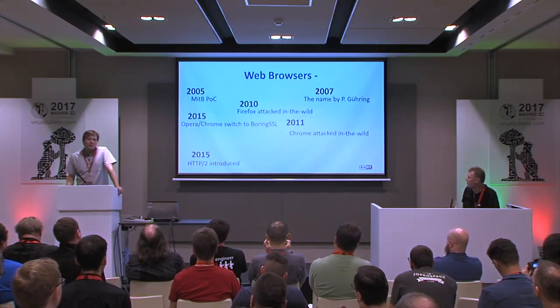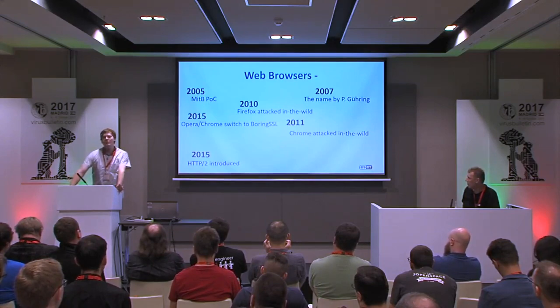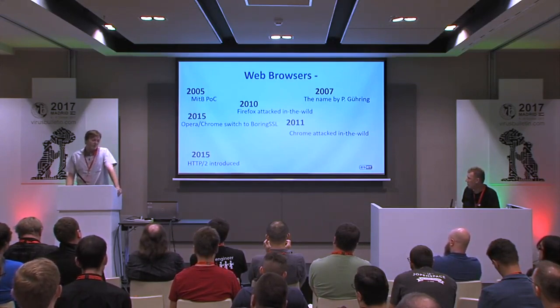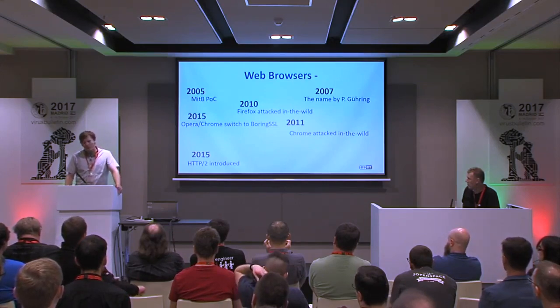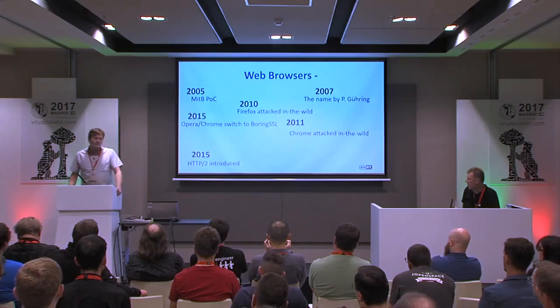One note, in 2015, the HTTP2 protocol was introduced. Malware authors do not love this protocol much because headers and contents are compressed and hard to parse for them. So basically, they just try to disable those.